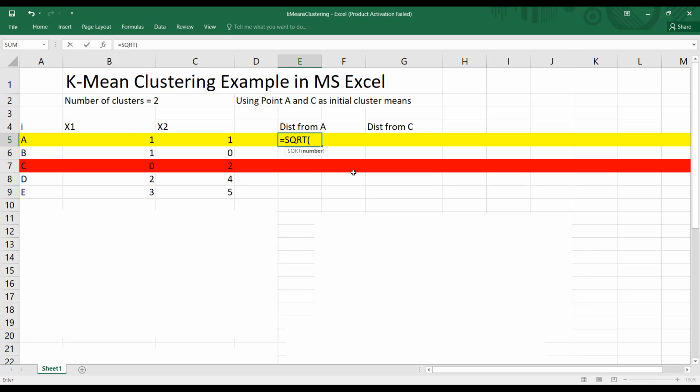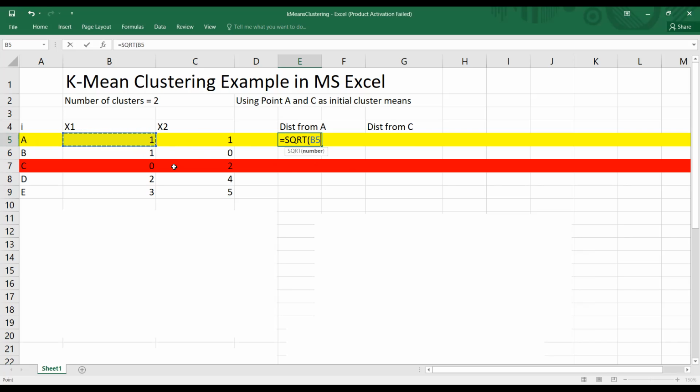The formula is the square root of (y2 minus y1) whole square plus (x2 minus x1) whole square. So this formula is to be implemented. We have to calculate the distance of point A from point A, because point A is the center and we are calculating the distance of point A to point A, that will actually be 0.